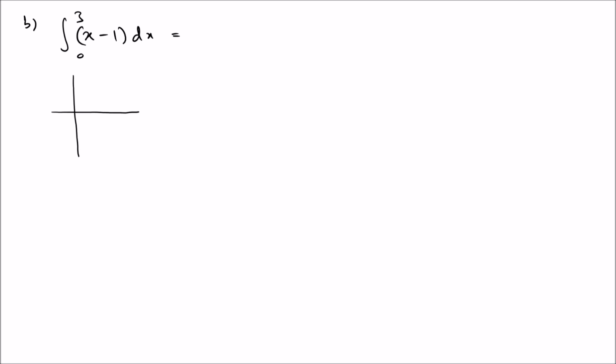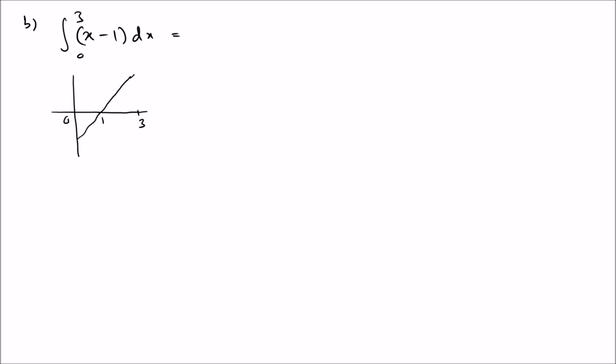Intercept is -1, slope is 1. So that's the line. It's going to go up to 3, and when you plug in 1 it is 0, so that's 1 exactly.